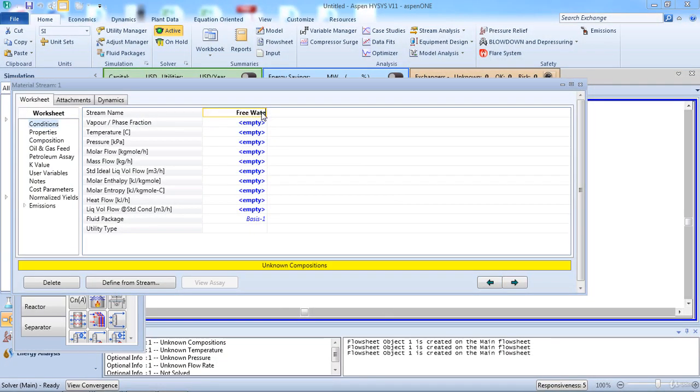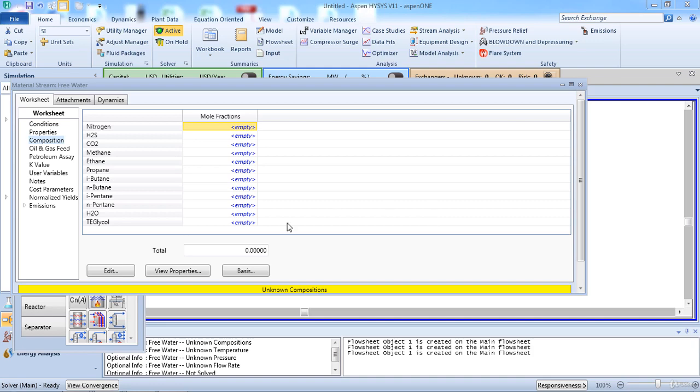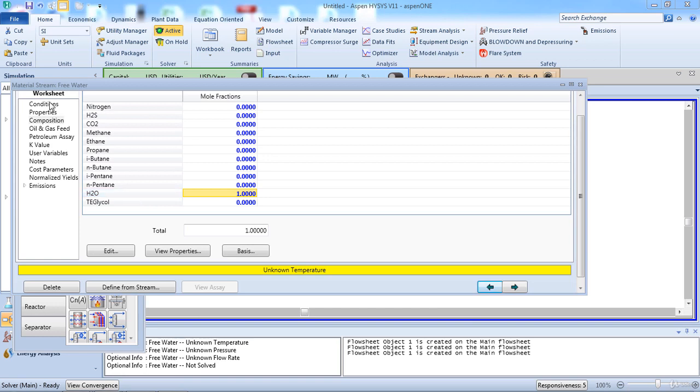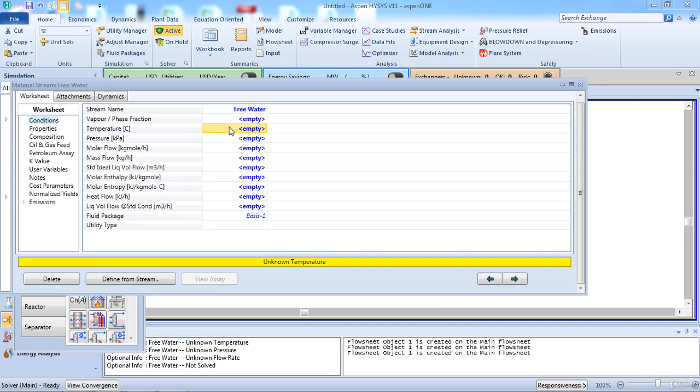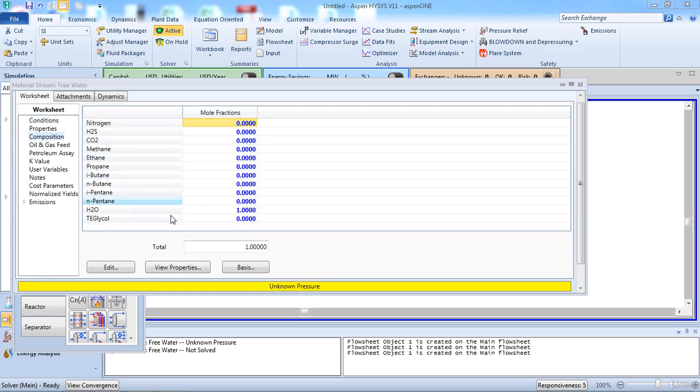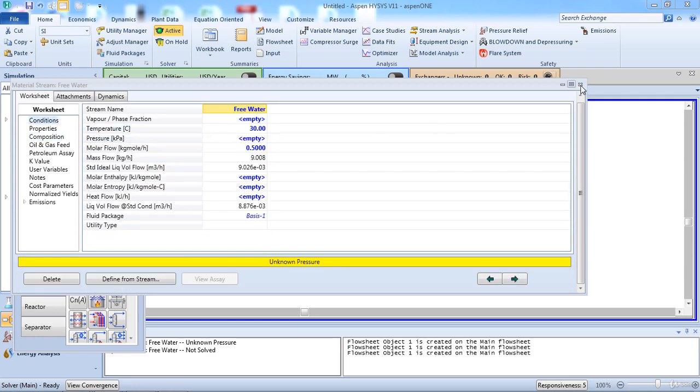I call it free water, and the composition is 100% water. Now go to conditions. The temperature according to the case we have is 30 degrees Celsius, and the flow 0.5 kilogram mole per hour, and the composition is water as we said. However, we do not have a pressure, as you know.